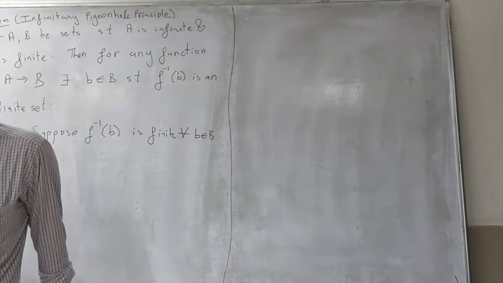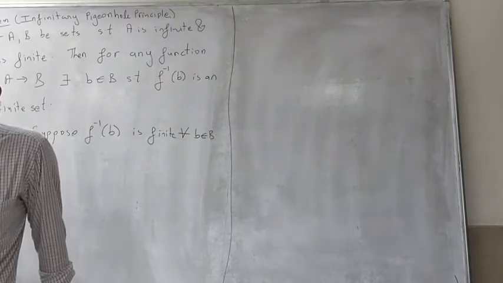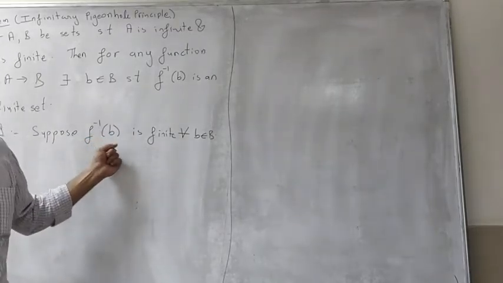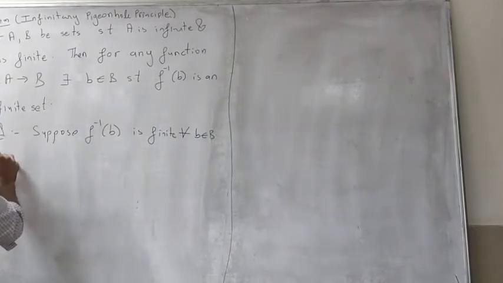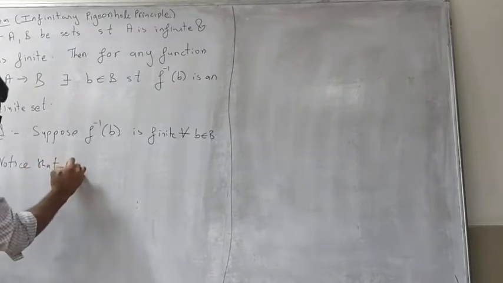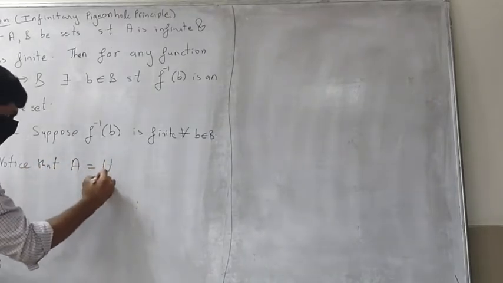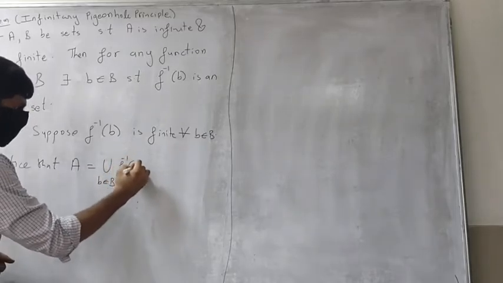What does this tell us about A? Because you can write A as a union of these. We can notice that A can be written as the union over b in B of f inverse of b.